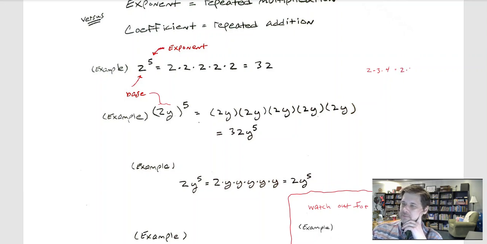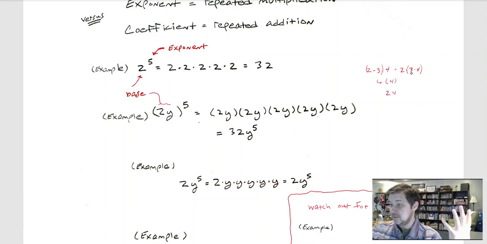So suppose I have 2 times 3 times 4. Then if I was to do this calculation, it wouldn't matter if I multiplied 2 times 3 first and got 6, and then multiplied that by 4 and got 24, versus if I multiplied 3 times 4 first and got 12 and then multiplied 2 times that.